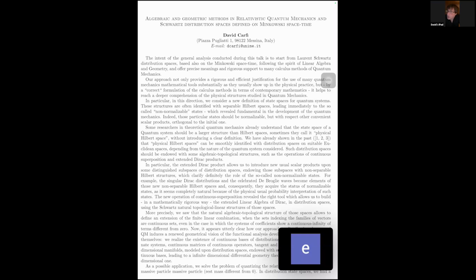In particular, Schwartz linear algebra makes very simple some treatments of relativistic quantum mechanics. Well, the approach provides an efficient justification for the use of many quantum mechanics mathematical tools.